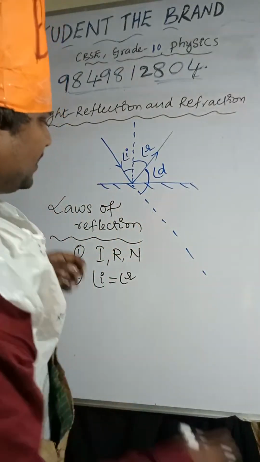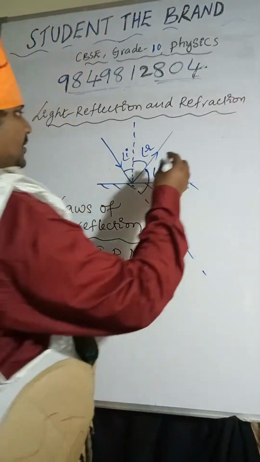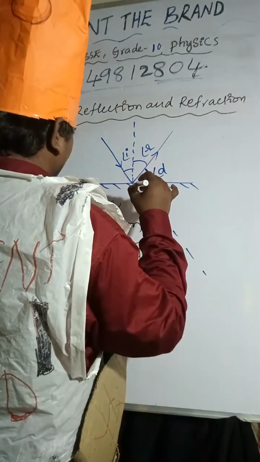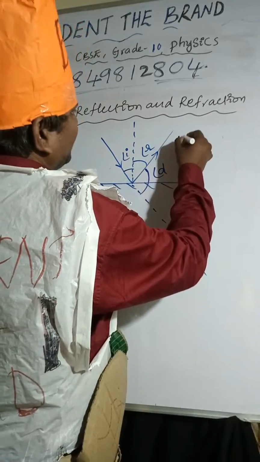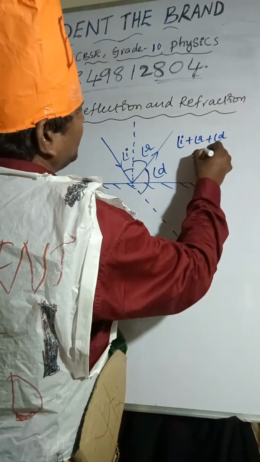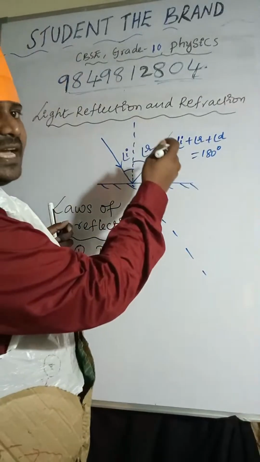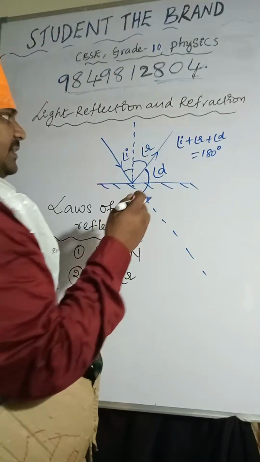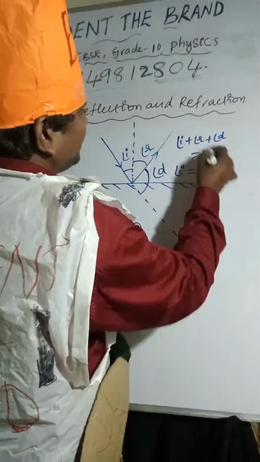From the laws of reflection, we can take angle of incidence plus angle of reflection plus angle of deviation equal to 180 degrees. Now, we know the angle of incidence is equal to the angle of reflection.